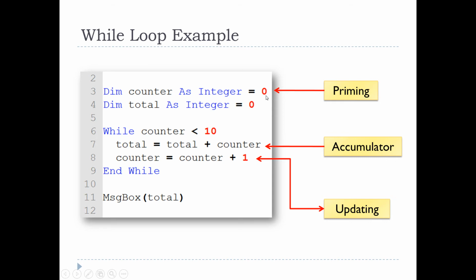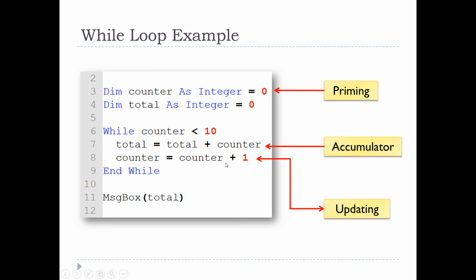So here's an example of the code. Priming means you again initialize your variables. So we have a counter, dim counter as integer. We prime it to be 0, or we initialize it to 0, and then you have a total. This is your accumulator, also 0.